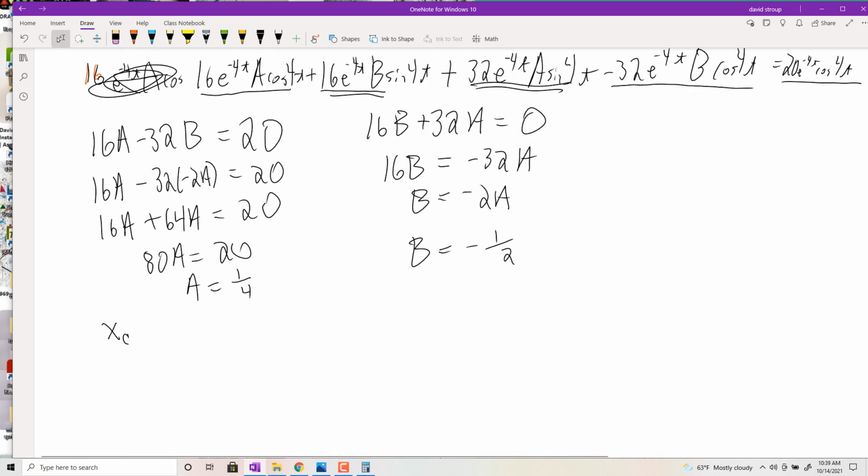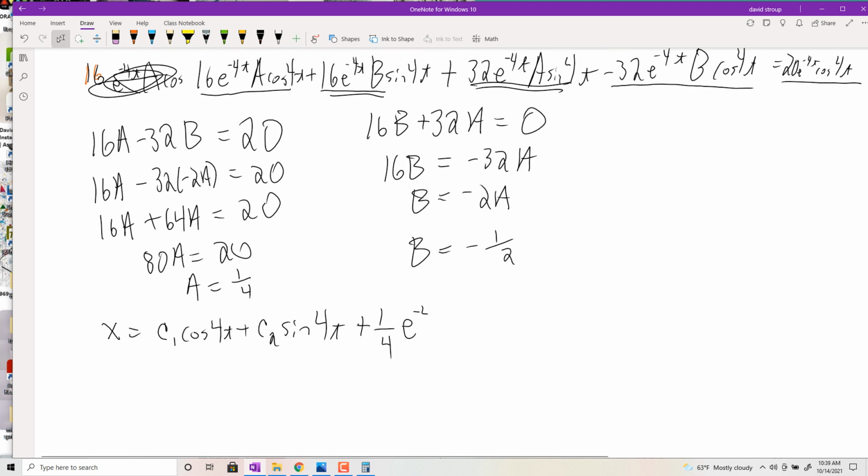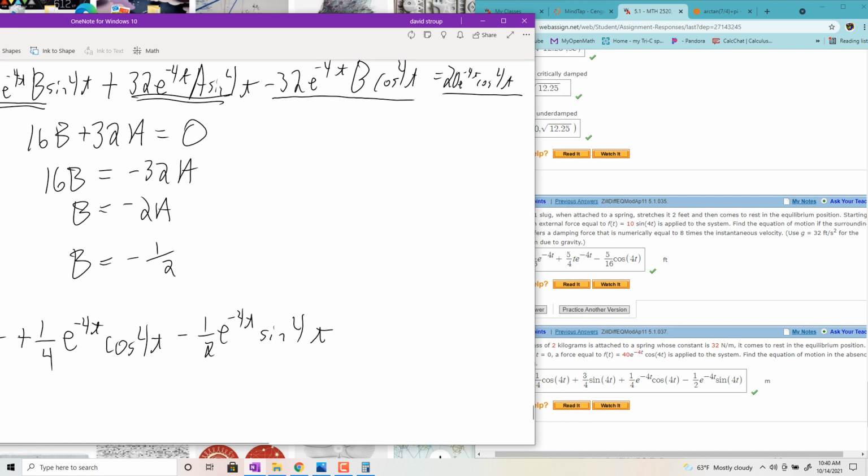Okay, so the solution again is the complementary part, which is c1 cosine 4t plus c2 sine 4t plus the particular part, which will be plus 1/4, and again a I think goes with cosine, yeah, 1/4 e to the negative 4t cosine of 4t minus 1/2 e to negative 4t sine 4t, and then you're kind of stuck with trying to figure out those constants, right?